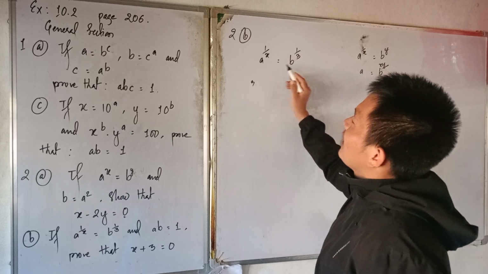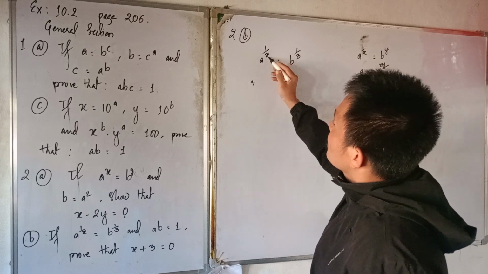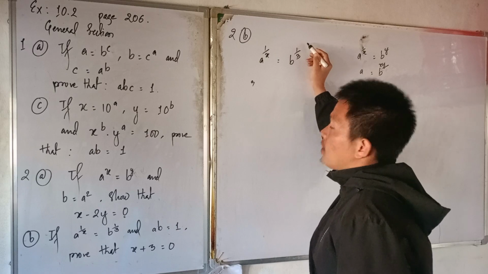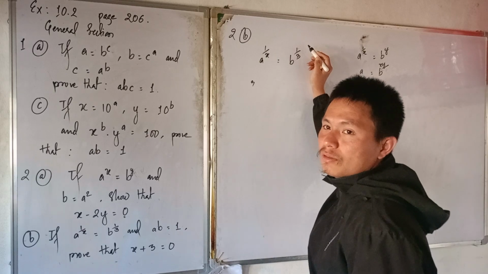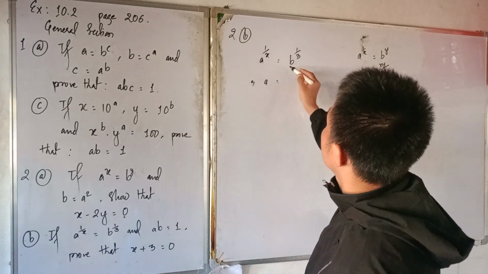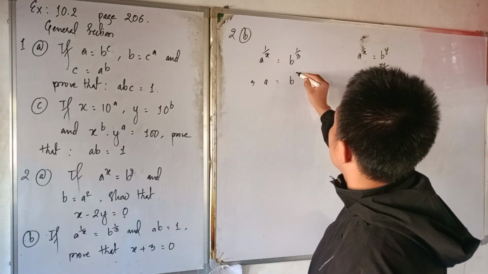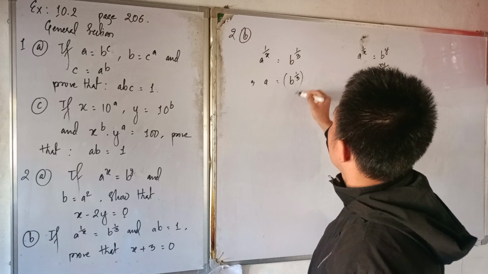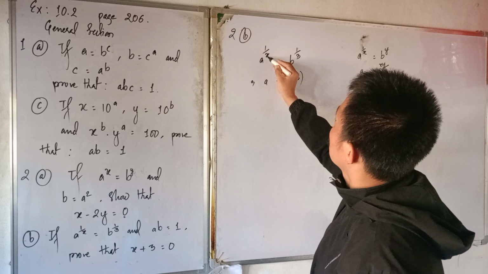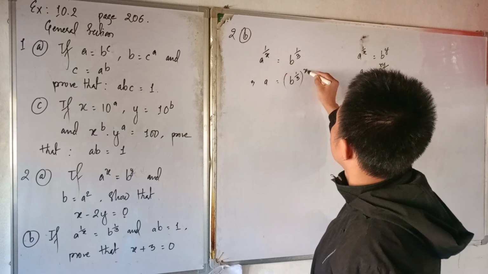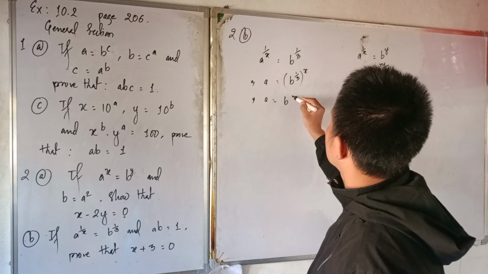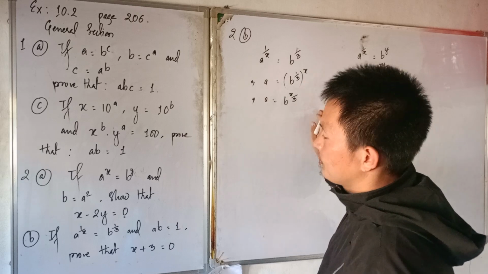But it is in the denominator, so it will go into the numerator of the other side's power. So to make a alone, a is equal to b power 1 times x by 3, which is b power x by 3.